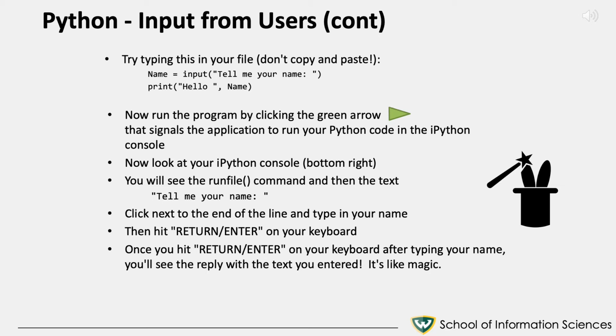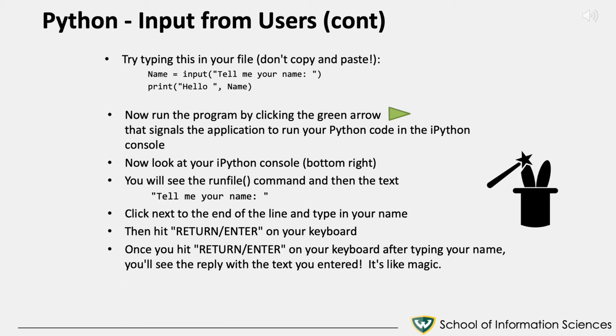Now look at your IPython console, which is in the bottom right, and you will see what's going to happen. It's going to say, tell me your name. Click on your mouse next to the end of the line and type in your name. Once you hit enter, you're going to see that it says, hello, whatever you entered. So you've got input from a user. It's amazing.